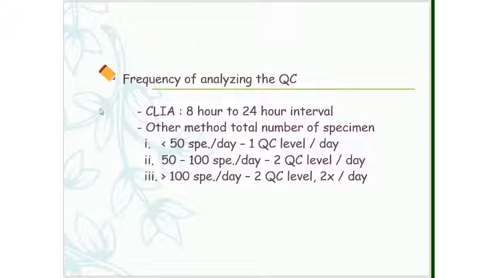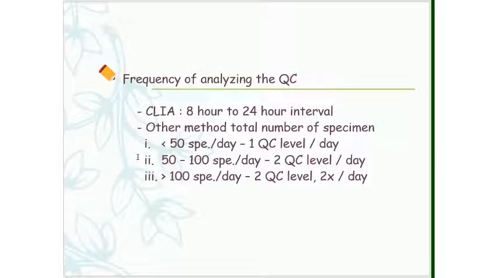And not to forget the frequency of analyzing the QC. According to CLIA, which you can Google, it should cover an 8-hour to 24-hour interval. Another method is based on the total number of specimens. If there are fewer than 50 specimens per day, we should run 1 QC level per day.